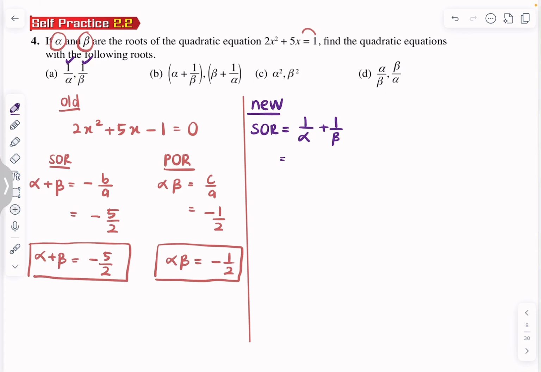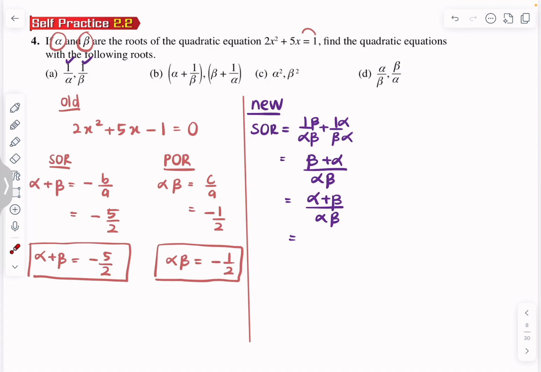We have to make the denominator the same, so we cross multiply: beta for the first, alpha for the second. So we'll get beta plus alpha over alpha beta, or we can write it as alpha plus beta over alpha beta.